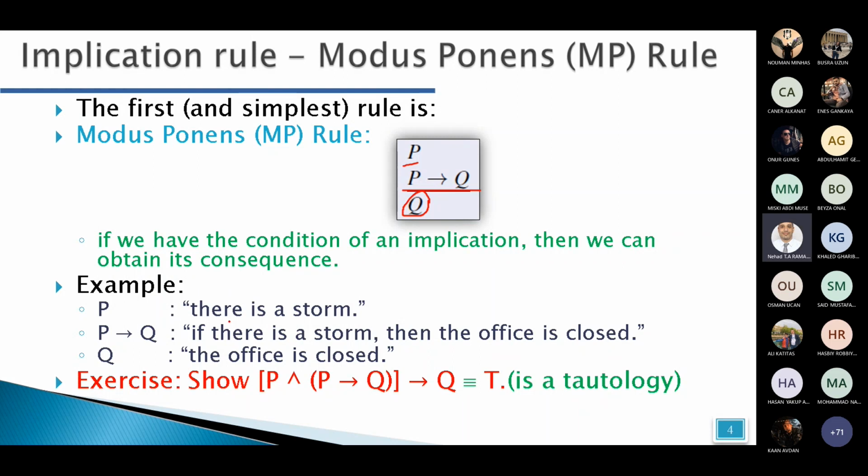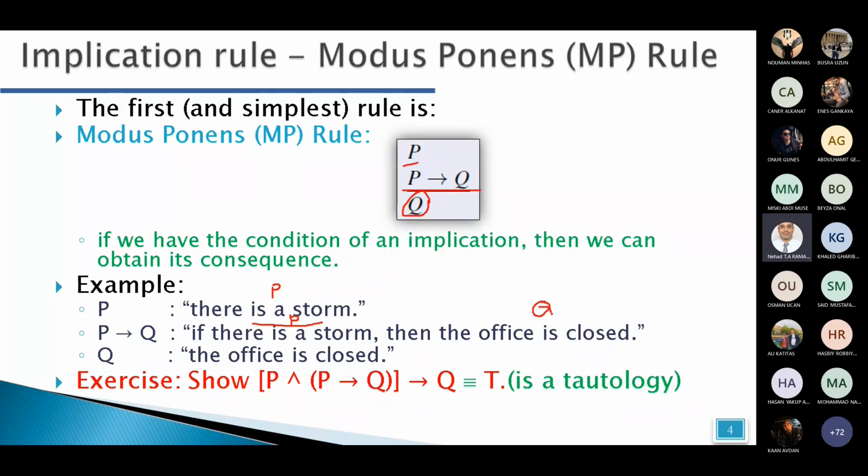This is one example. There is a storm. We can consider it as P. If there is a storm, P is the name of the premise. Okay, here, if P, then the office is closed.